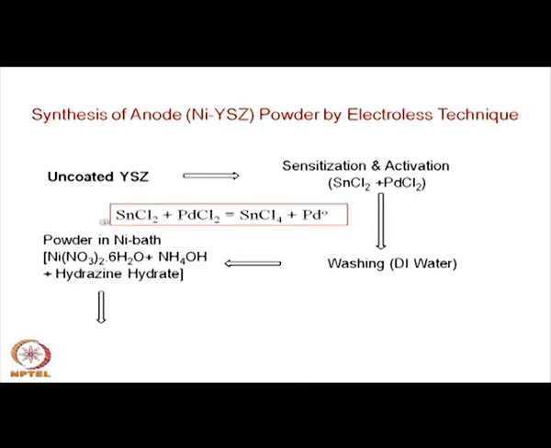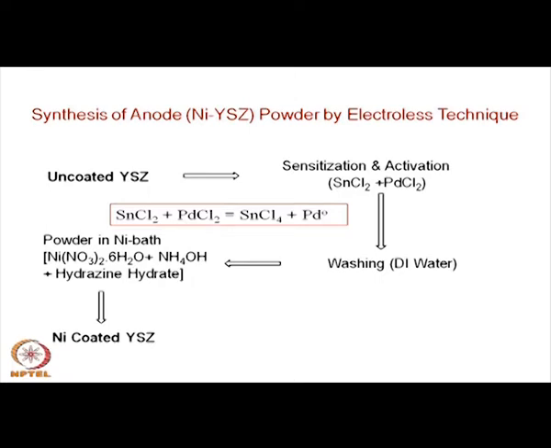Of course, a particular composition has to be used for such a bath, and if you put such sensitized YSZ powders in this kind of solution, the nickel coated YSZ powders will be available.